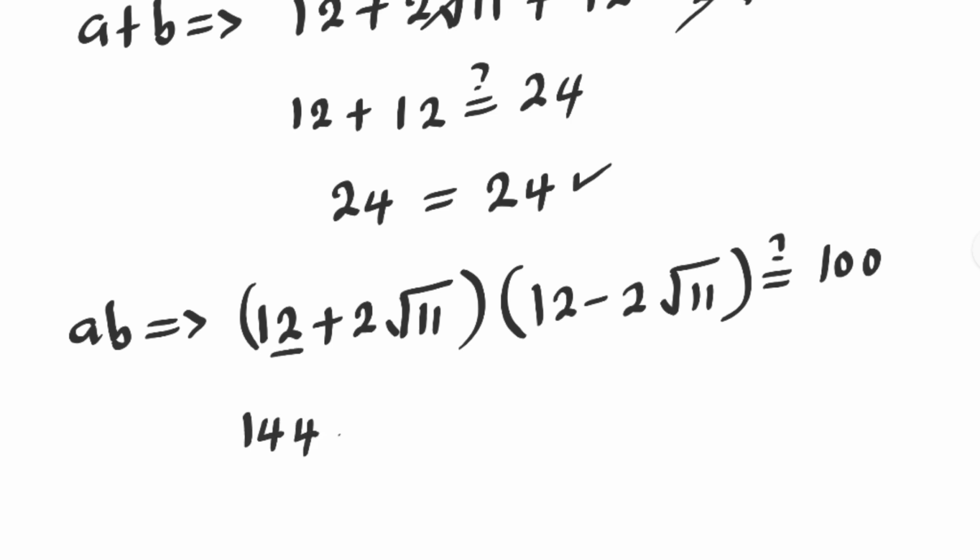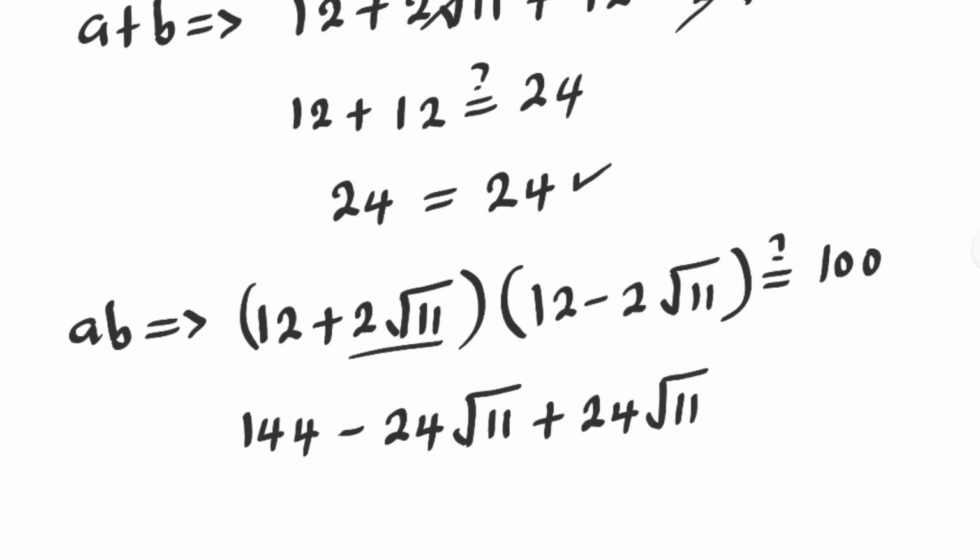Then 12 multiplied by minus 2 root 11, that is minus 24 root 11. 2 root 11 multiplied by 12, plus 24 root 11.